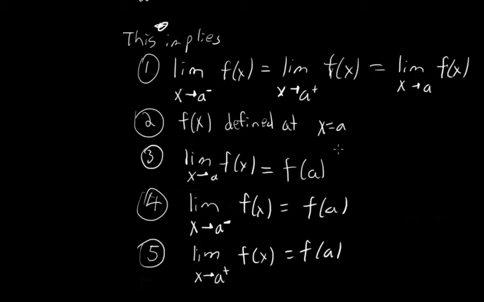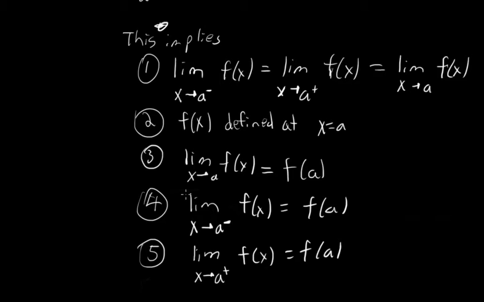We're concluding 5 from statements 3 and 1. Knowing that the limit as x approaches a of f of x is equal to f of a, and knowing that that limit is equal to the limit from the right, we can say the limit from the right is equal to the function value. And that's the statement we're making here.